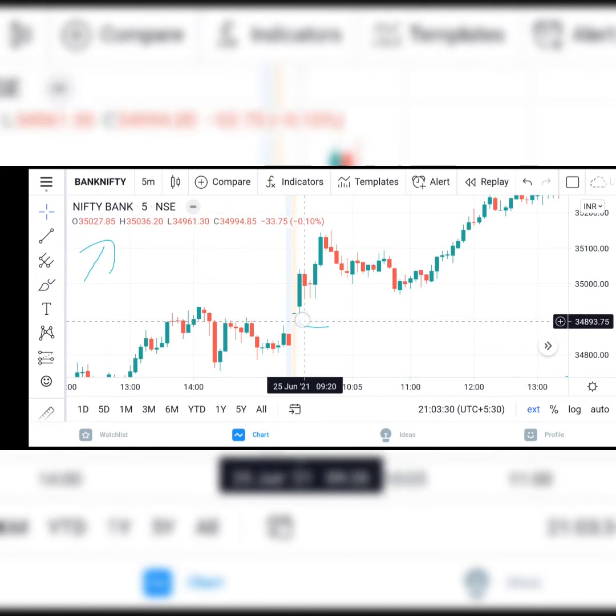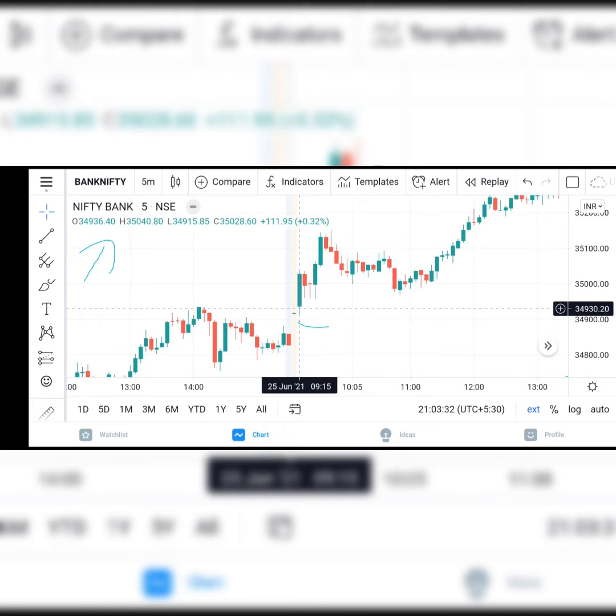Now when I keep my cursor on the first candle, you can see some values: O, H, L, C. O means opening price, H means high price, L means low price, C means closing price. Opening price means from where the candle has started. Currently it is showing 34,990 because my cursor is there, but the market opened at 34,936.